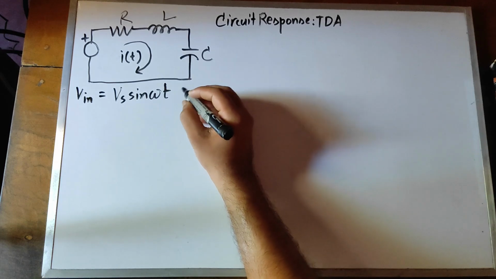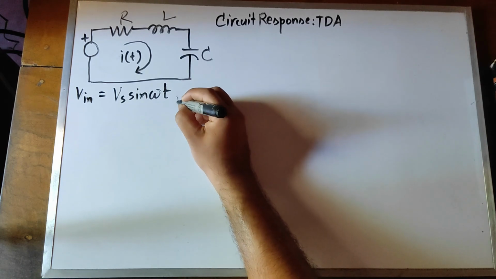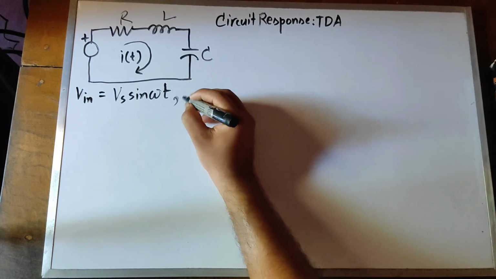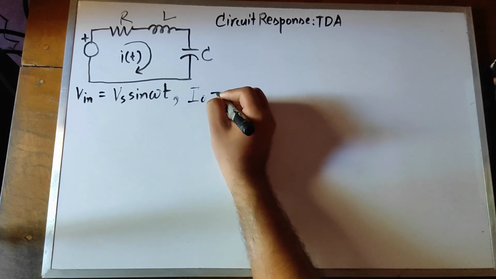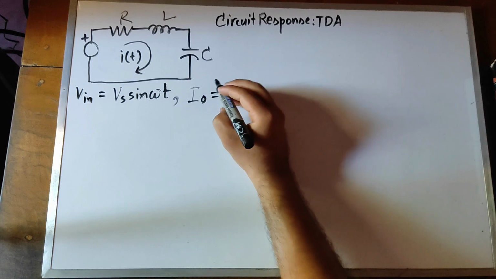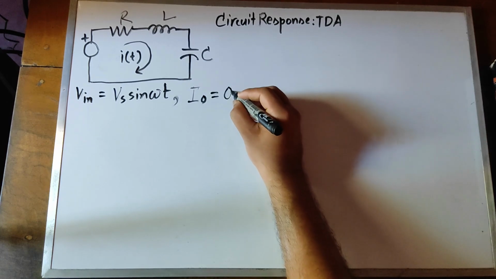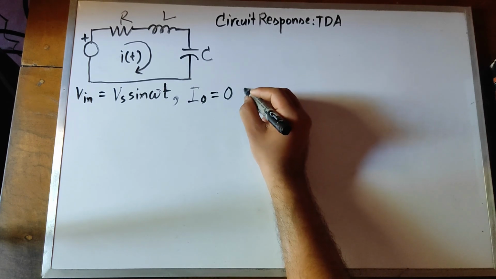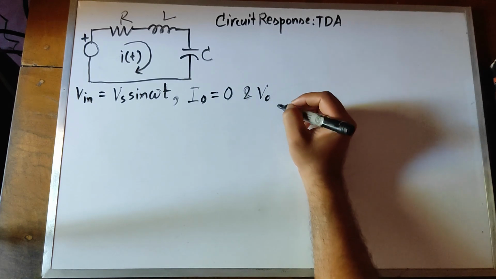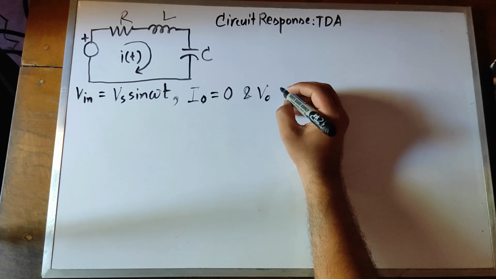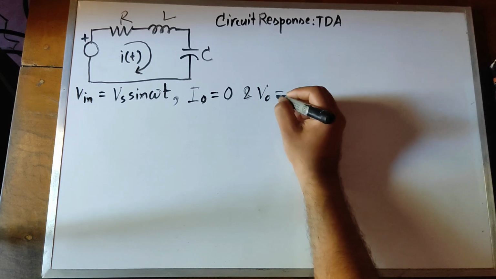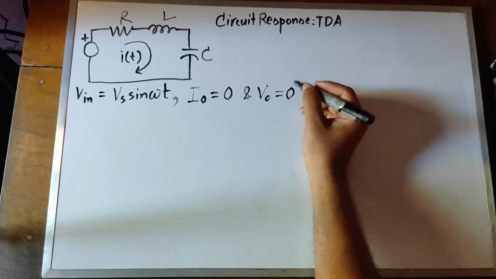So here, for the sake of simplicity, I will assume that the initial current I0 through the inductor is 0, and the initial voltage across the capacitor is also 0.